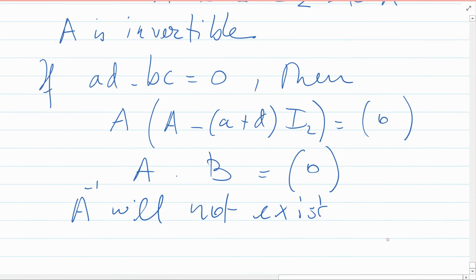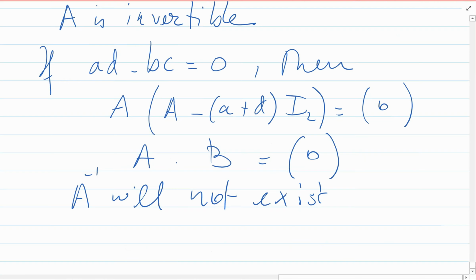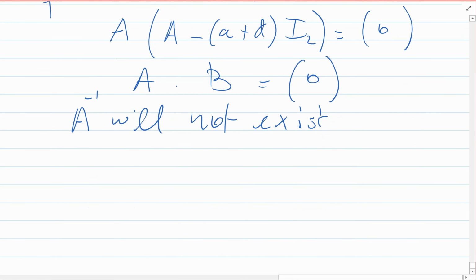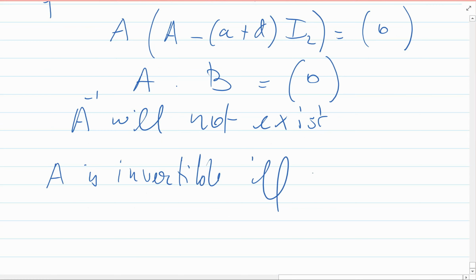Same reason, okay? Therefore, in our case here, in our 2 by 2 matrix, we found what? That A is invertible if and only if ad minus bc not equal to 0. So it shows you the complication, okay? For a real number, a number has an inverse if and only if that number is not equal to 0.